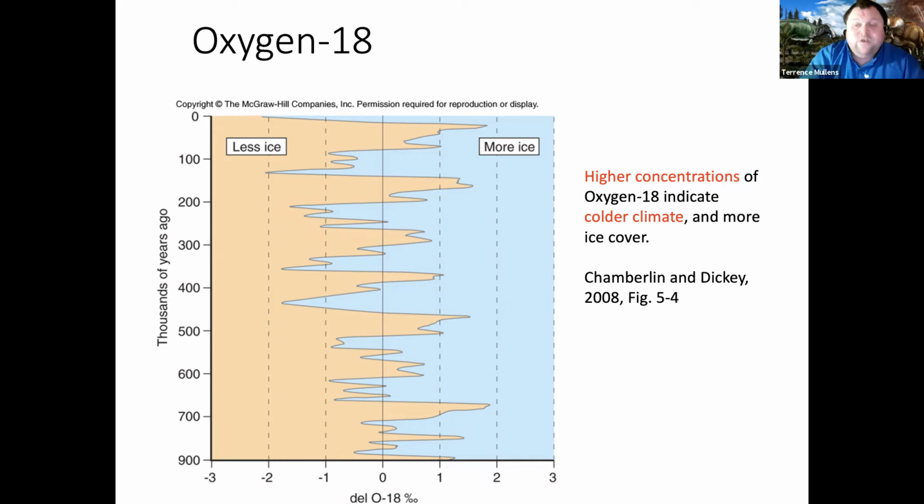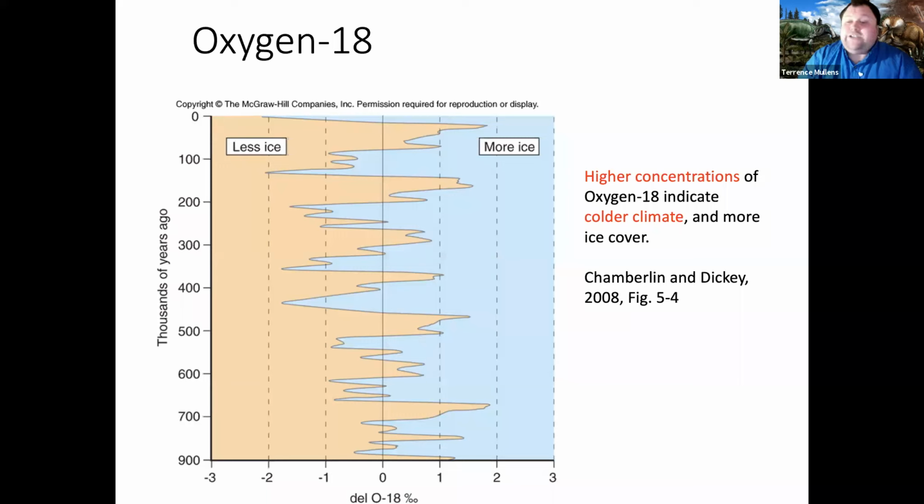On the other hand, when temperatures are really cold, there's not as much evaporating happening, and the evaporation that is happening is only going to be focused on the lighter water, not the heavier water, because evaporation is a temperature dependent process. You need higher temperatures for evaporation to happen. So when temperatures are cold, more of that oxygen-18 is getting left behind.